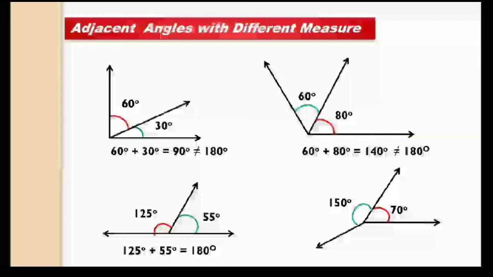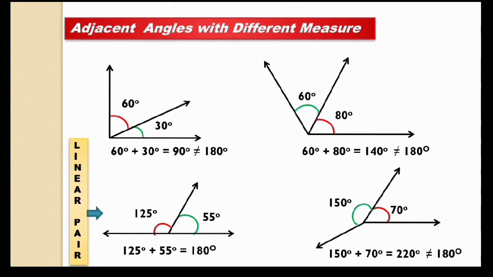It means this is a linear pair of angles. Look at this fourth diagram also. If we add 150 degrees and 70 degrees, we will get 220 degrees, which is not equal to 180 degrees. It means it is also not a linear pair of angles.